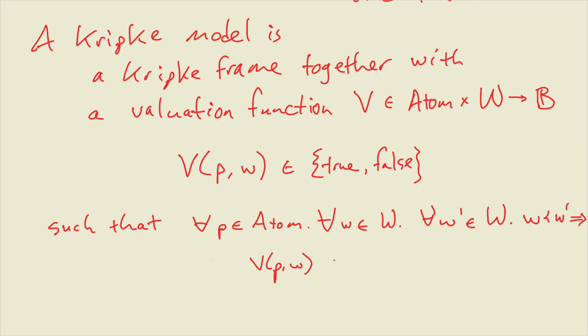So this has to imply: V(P, W) needs to imply V(P, W'). So atomic formulas that are true now need to be true in the future.